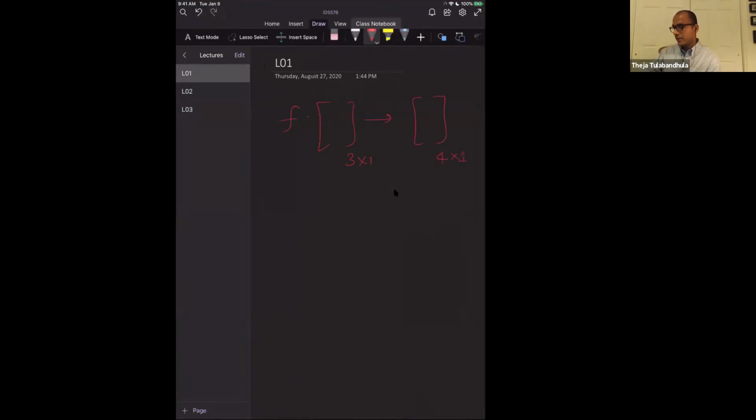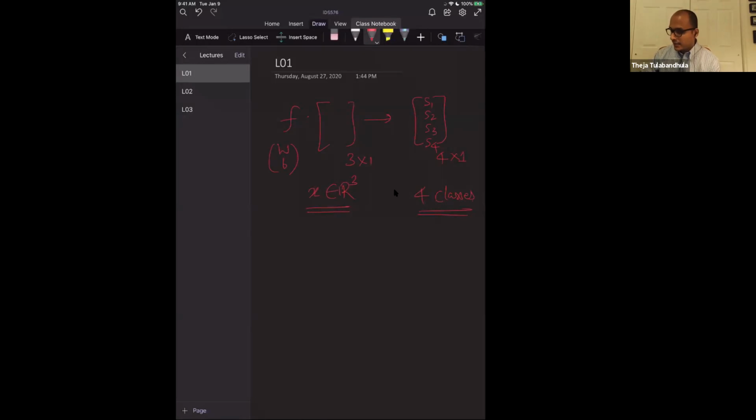So there are four classes, and this is the input X. X belongs to R3: three-dimensional input, four classes, and F has parameters W and b. For a given choice of parameters, F is going to produce four numbers, which will be score 1, score 2, score 3, and score 4.